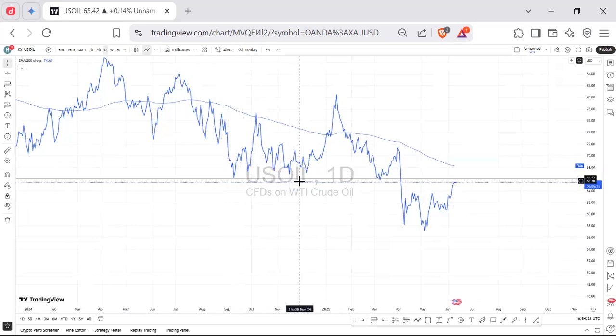One thing about the line chart is it shows you where the market closed, but it doesn't show you the wick. So you have to make use of both the line chart and the candlestick.